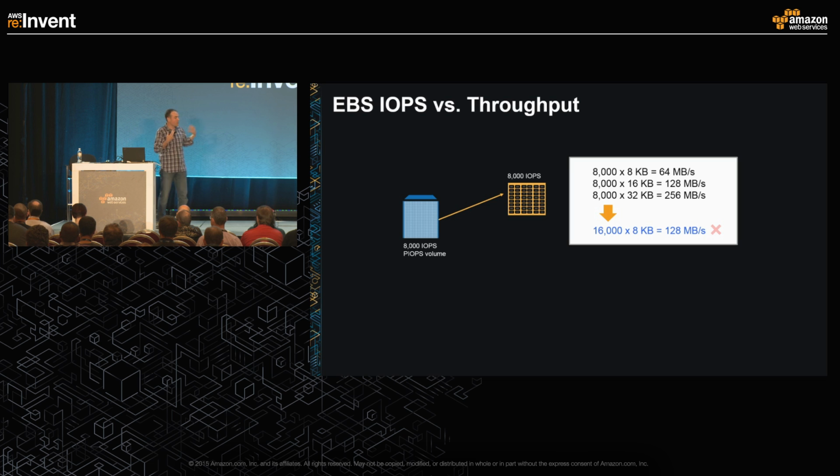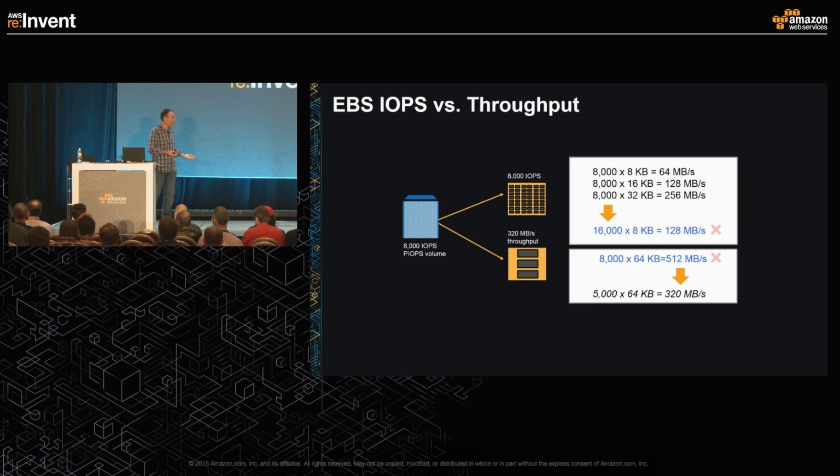So what does this mean if you've got a smaller provisioned IOPS volume? One that may not have our full limits of 20,000 IOPS. So in this example, I'm using a volume provisioned with 8,000 IOPS. And I'm able to drive 8,000 IOPS, whether I'm doing 8K, 16K, or 32K, because those are all underneath our throughput limits. But what I'm not able to do is submit 16,000 IOPS, because especially if they're random, we're not going to be able to merge those, and that's beyond the capabilities of your volume.